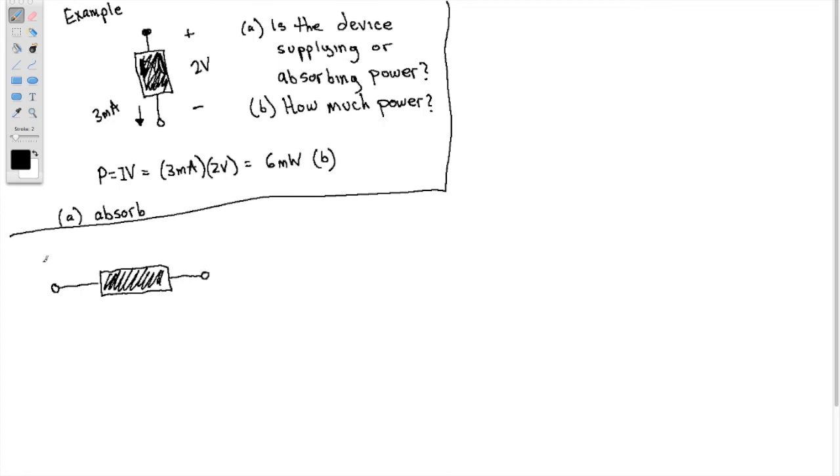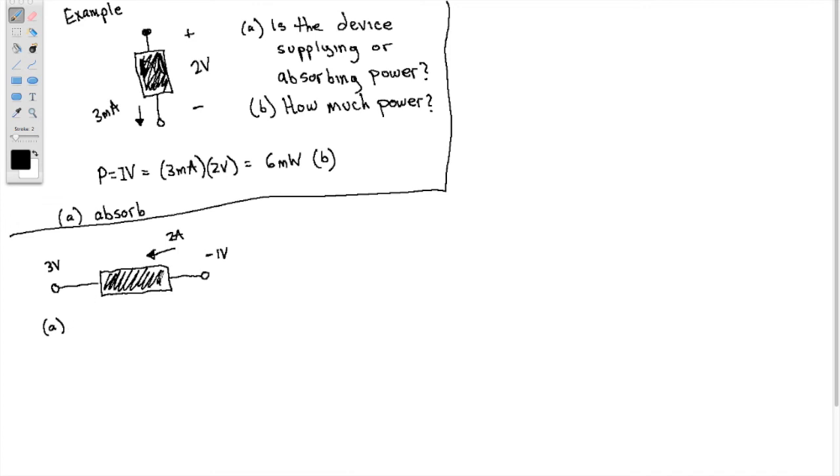Let's say you know that the left side of this thing is at 3 volts, and the right side of this thing is at -1 volt. And you measure the current going from left to right as 2 amps. We want to know the answers to those same 2 questions. Is the device absorbing or supplying power, and how much power?